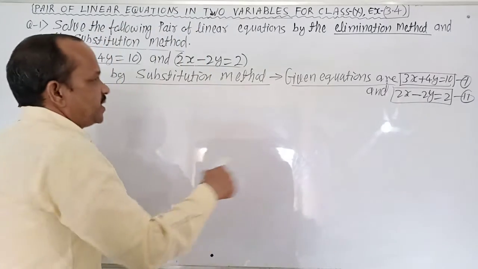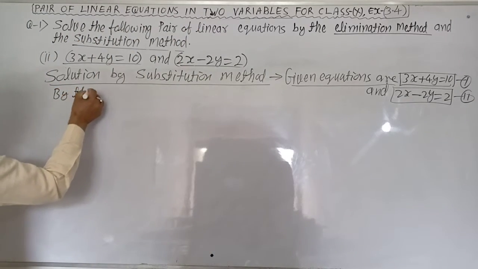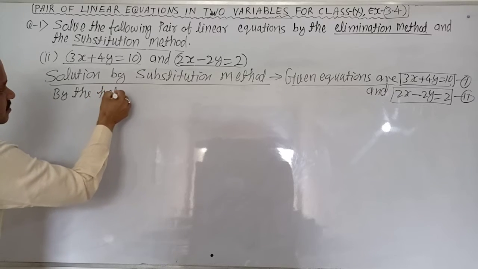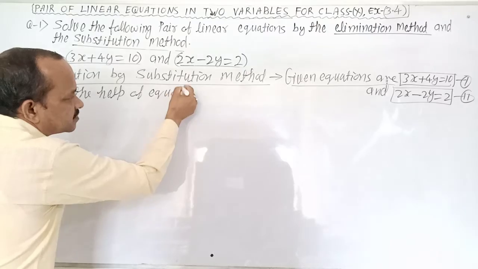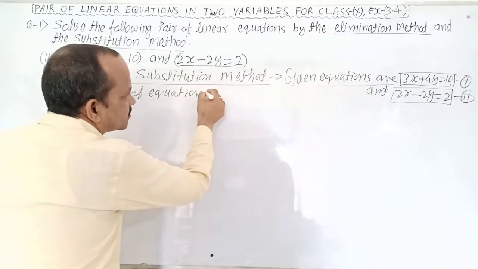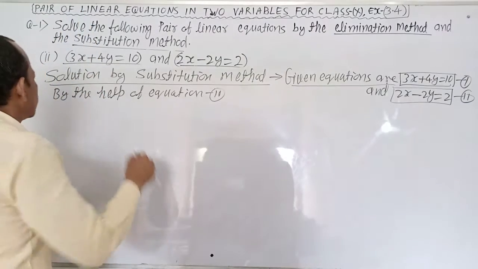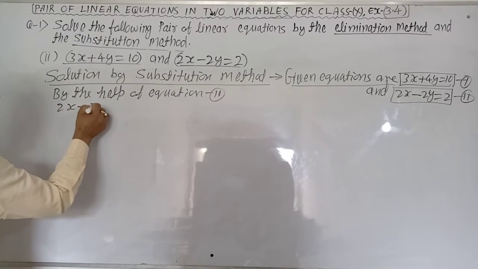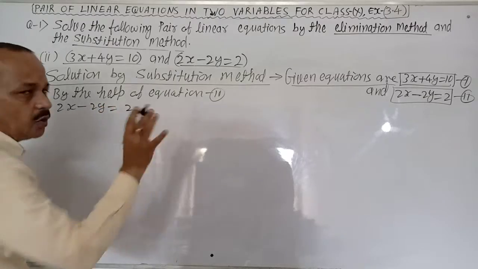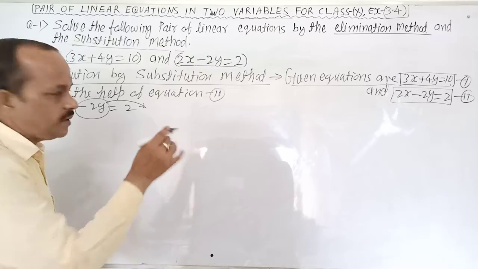By the help of equation second, 2x minus 2y equal to 2. You can write minus 2y on the right side of equal.